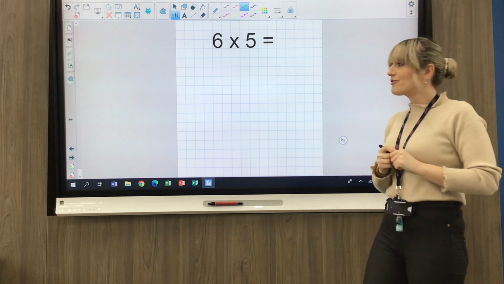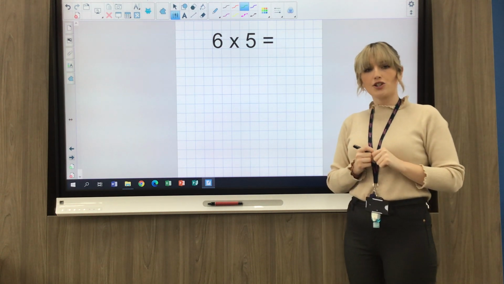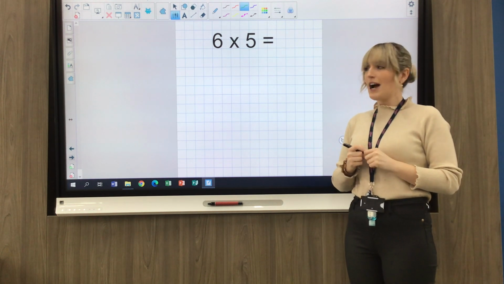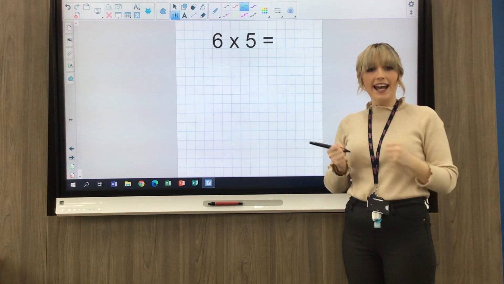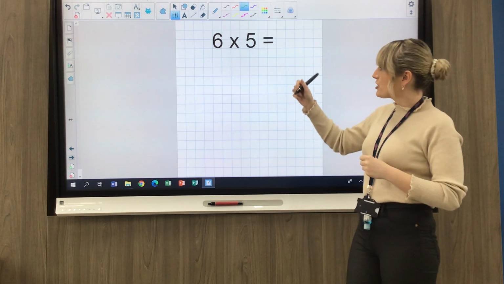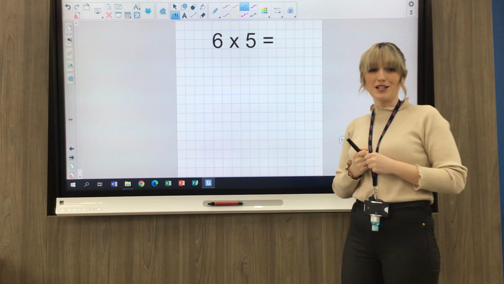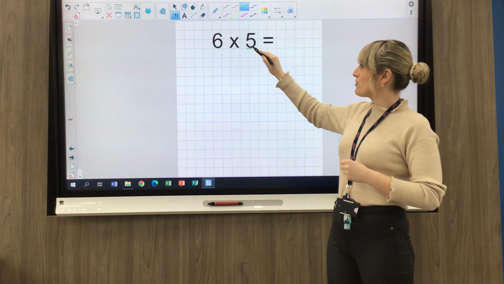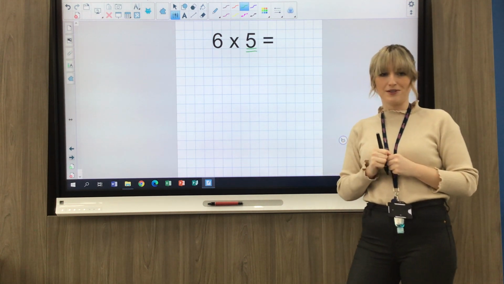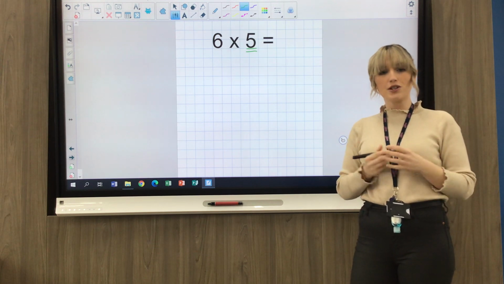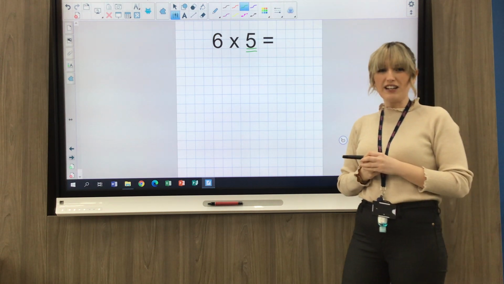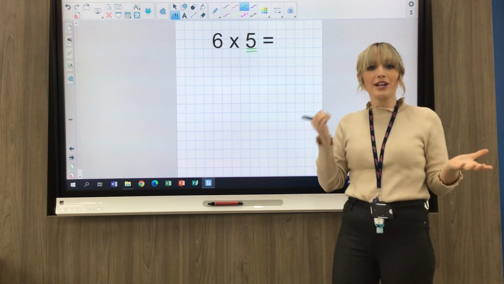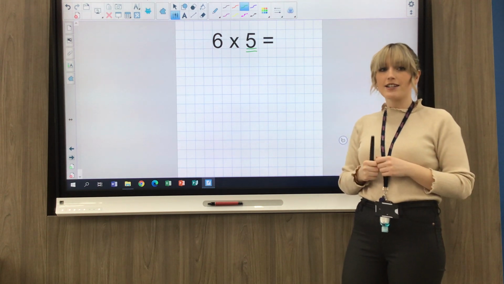This time I've got 6 lots of 5. Now drawing is really helpful, especially if we don't know the tables, but I know you all know your 5 times tables. Okay, but sometimes on some questions, drawing, although we can eventually work out the answer, would take us a long time.